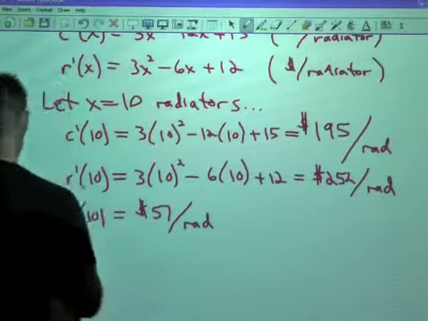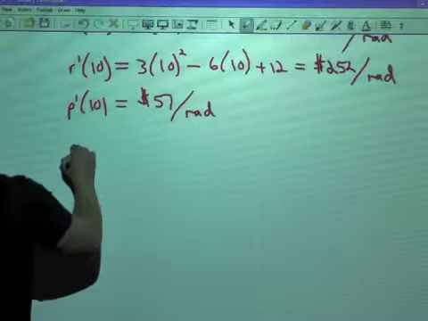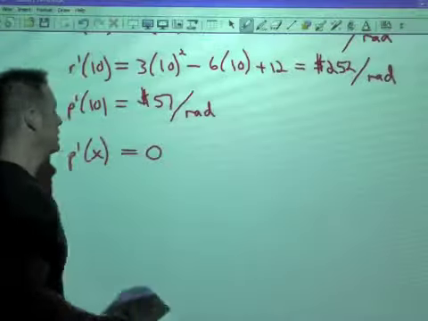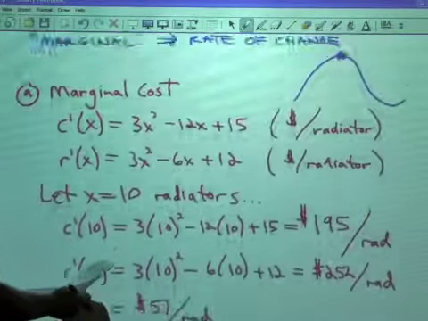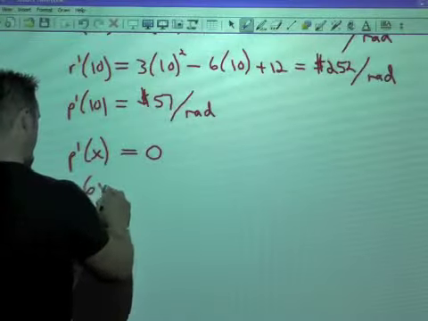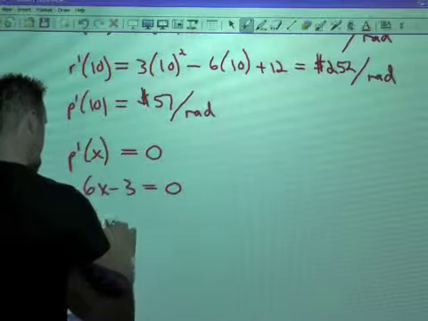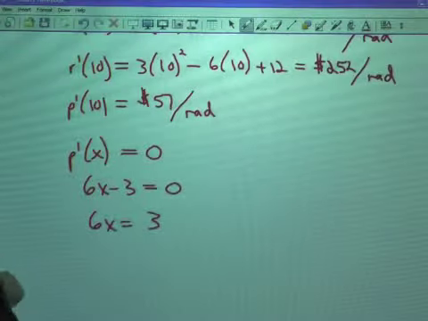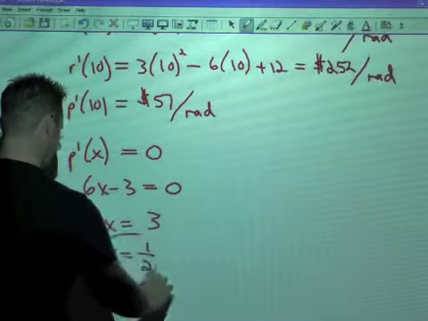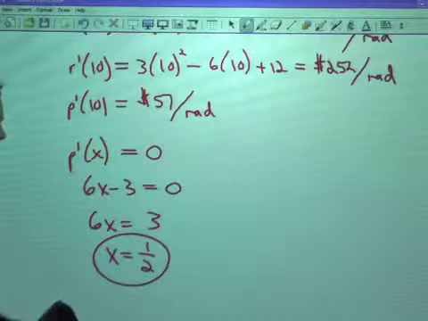Now going back to my original point, if we wanted to maximize profit, I want to find out where the derivative of profit equals 0. So my derivative was 6x minus 3. Add 3 over and divide by 6. I don't know if that makes any sense in this particular context.